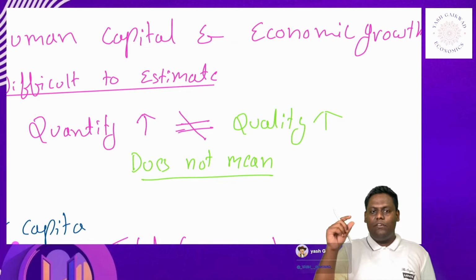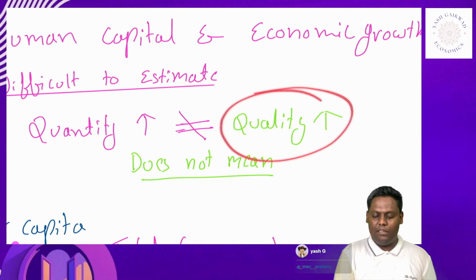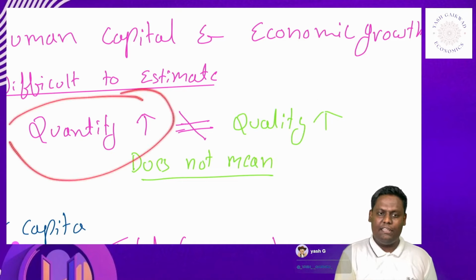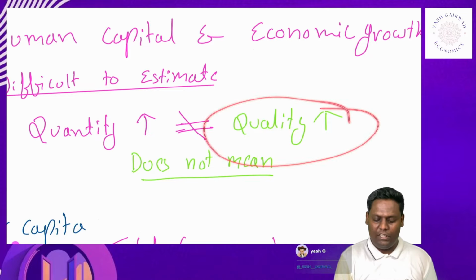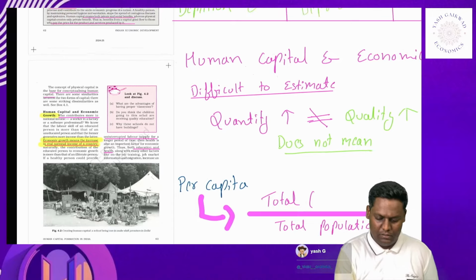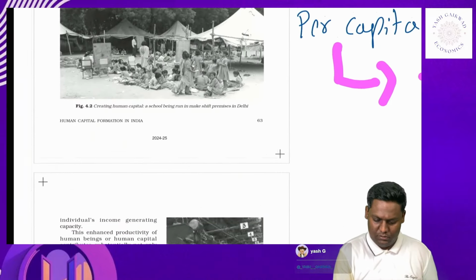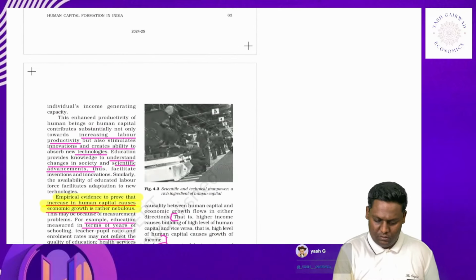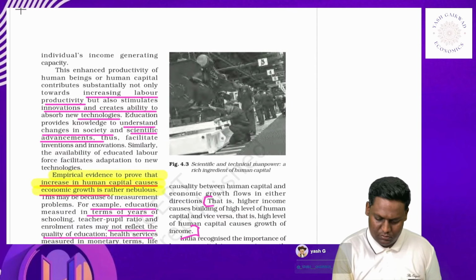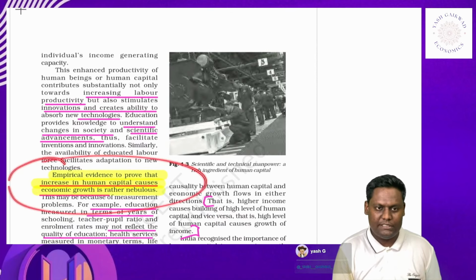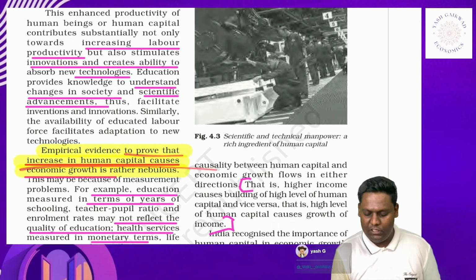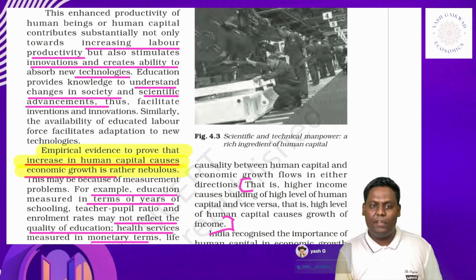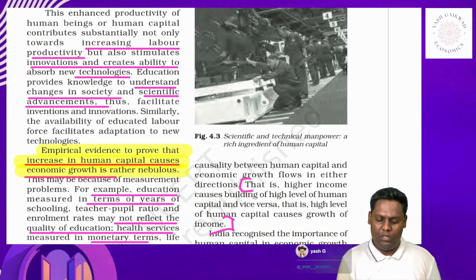So that is one caveat, that we cannot necessarily conclude that an increase in quantity is always reflected in an increase in quality. That is the same thing being said over here, that the empirical evidence to show that an increase in human capital causes economic growth is rather nebulous.